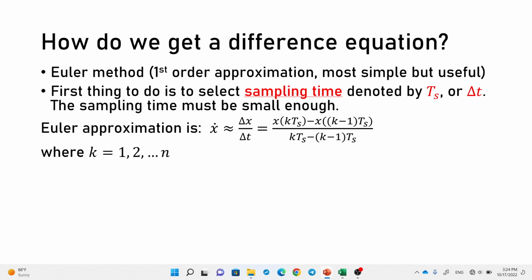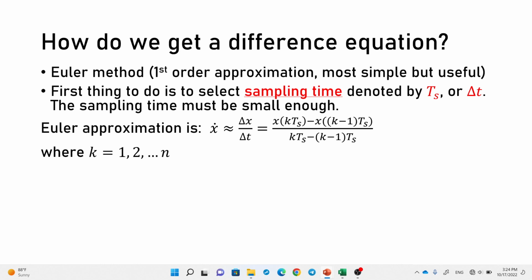Okay, but here, if most equations are represented in continuous time in the form of ordinary differential equations, then how can you get difference equations?